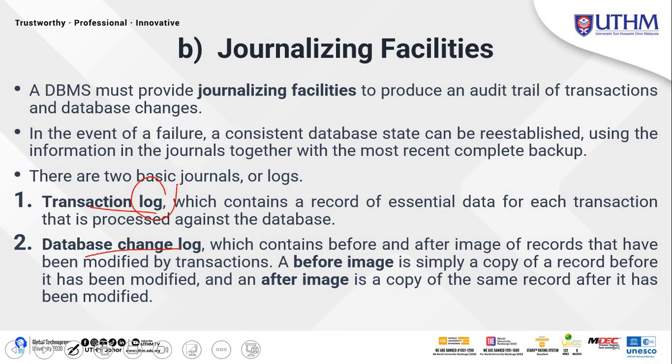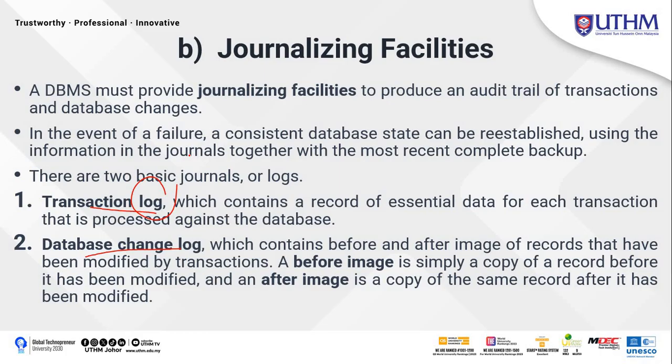The second category is the database change log, which contains before and after images of records that have been modified by a transaction. Okay, a before image is simply a copy of a record before it has been modified.